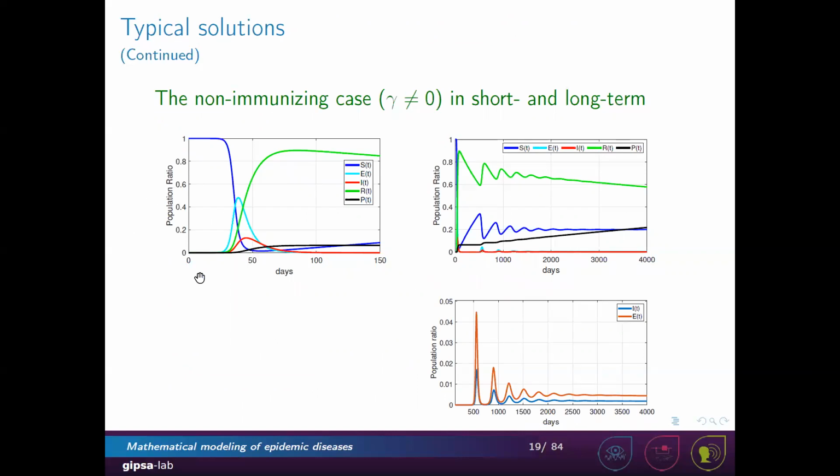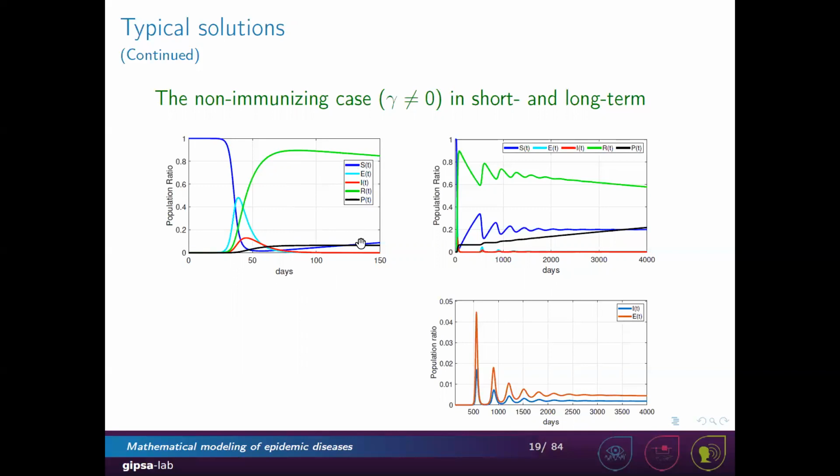As we can see on the left, if we run the simulation on a basis of 150 days, 5 months, we will see that people who were susceptible gradually decrease, but they don't exactly get to 0, because after a small minimum, the population of susceptibles is again increasing. The reason is that people who were recovered are gradually getting back to the susceptible group.